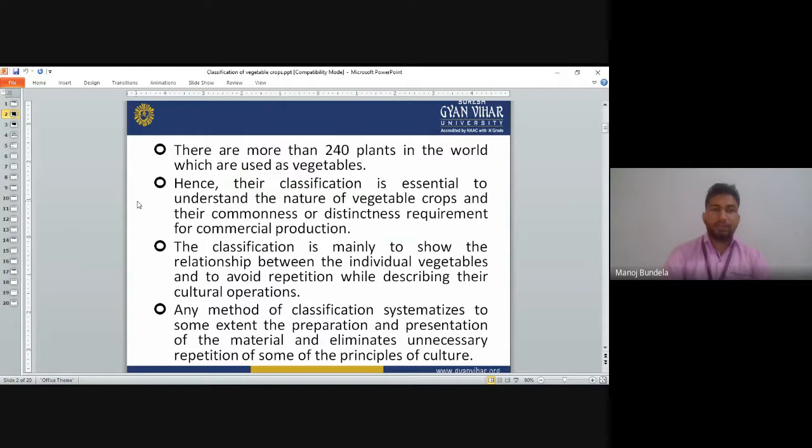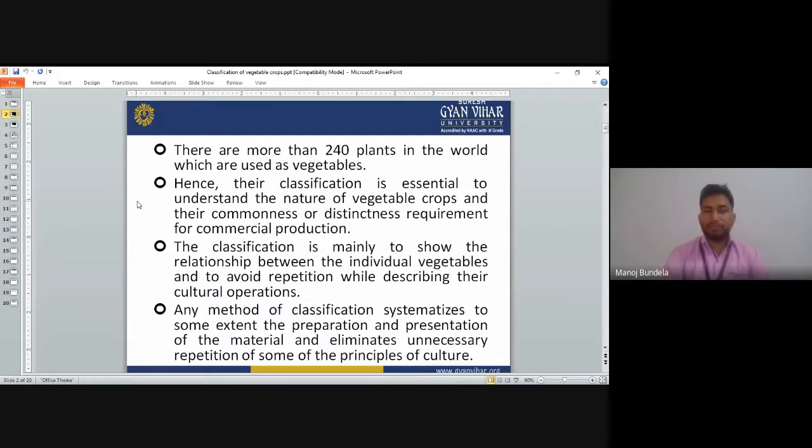There are more than 240 plants in the world which are used as vegetables. Hence, their classification is essential to understand the nature of the vegetable groups and their climatic and soil requirements for commercial production. What is common and what is different, we have to follow.